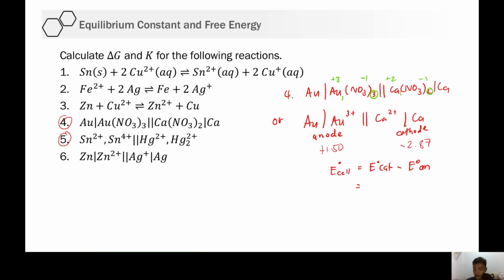The cathode is -2.87 and the anode is 1.50. Let me subtract those numbers: -2.87 minus -1.5. The answer is -1.37 volts. So we have solved for the E cell.